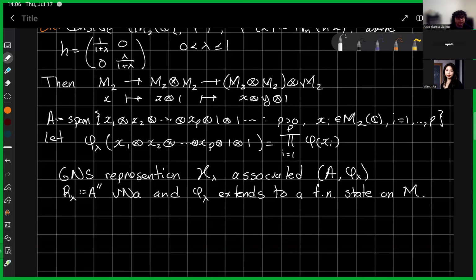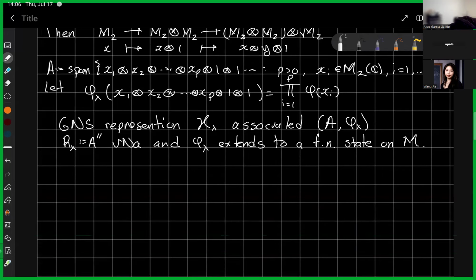Yeah, okay. So if lambda is equal to 1, then phi is equal to 1/2 of the trace.